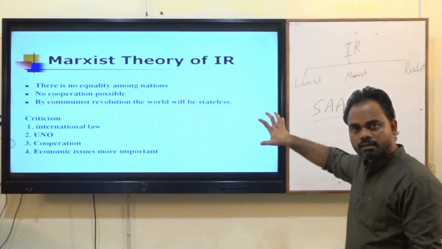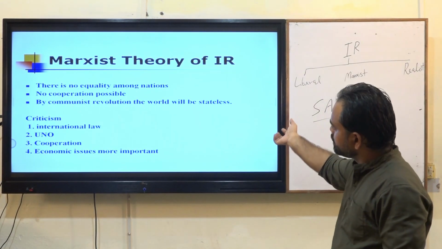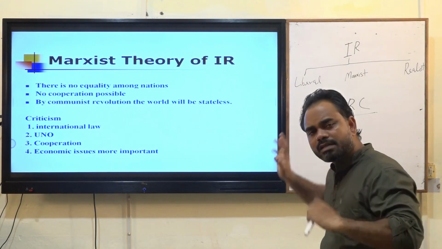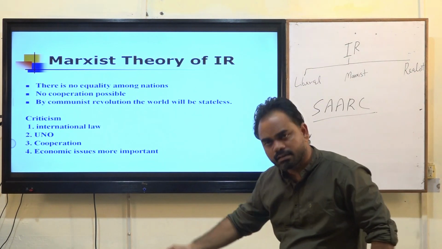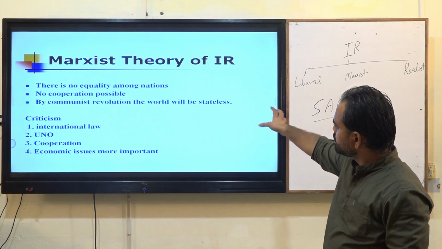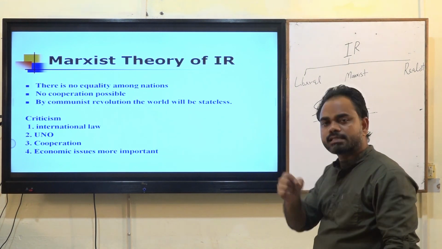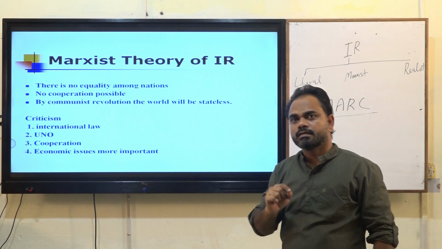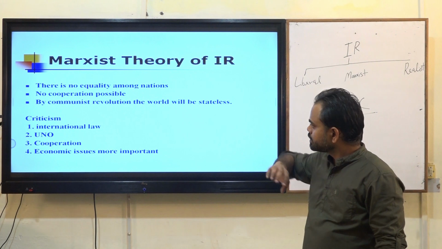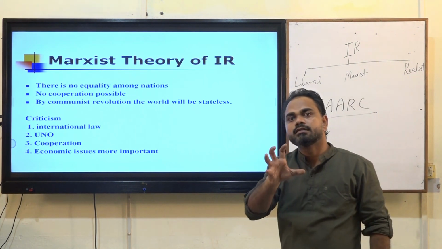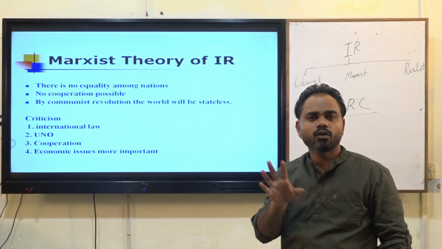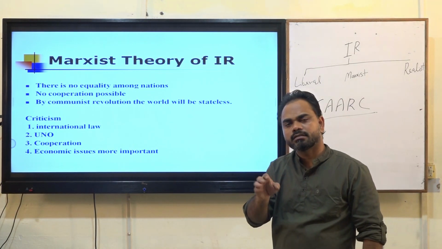So Marx described that in the international world there is no equality among nations. Some nations are very poor, some nations very rich. He suggested only one method, and that is communist revolution. After that revolution, the whole world will be stateless, and then nobody will exploit anybody.